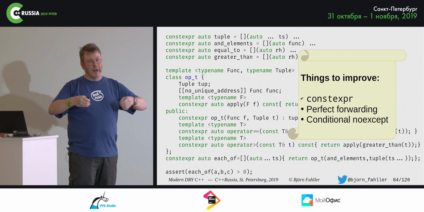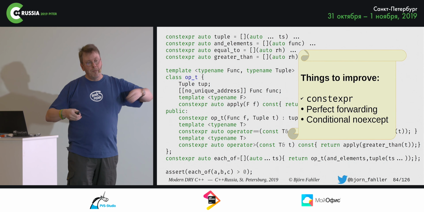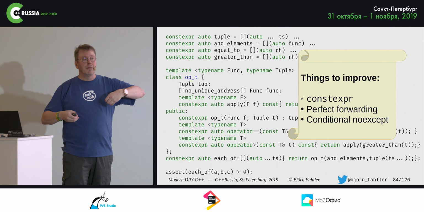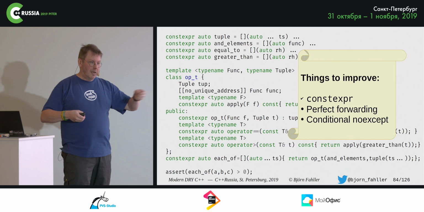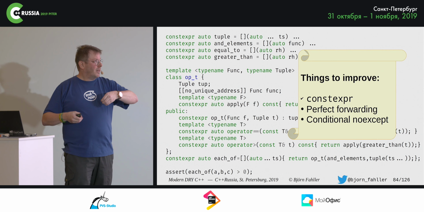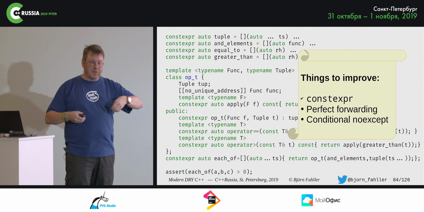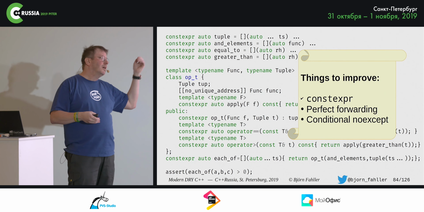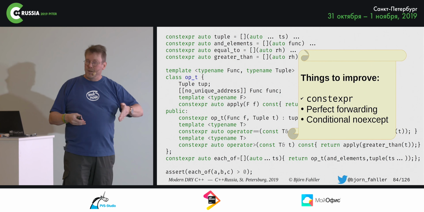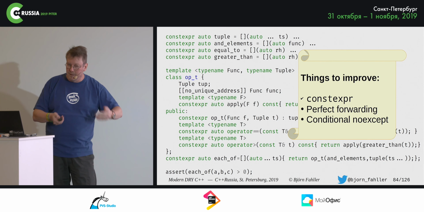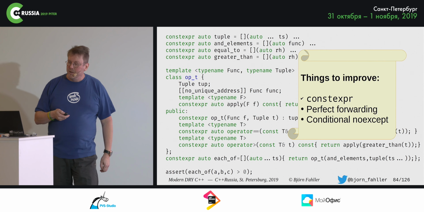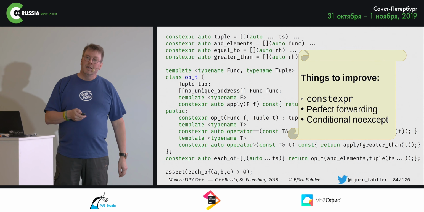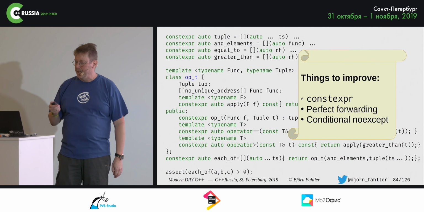Then what it will have to do is create a new block, copy everything in, because just in case anything throws, it must then destroy the elements that have been copied so far and deallocate and then rethrow and leave the vector where it was. So conditional noexcept can be a performance enhancer.